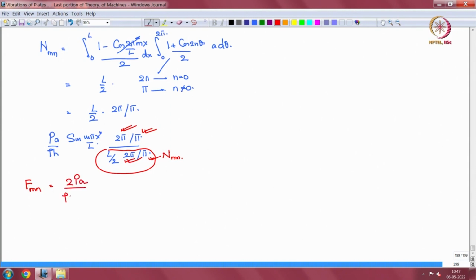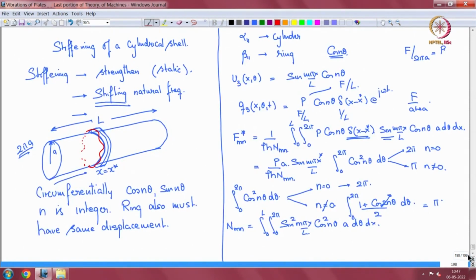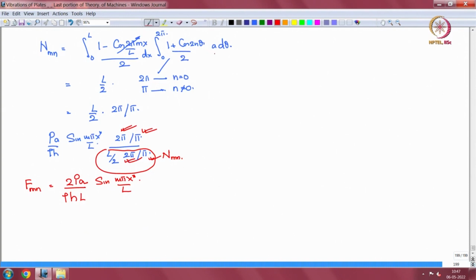So what I get for Fmn is 2PA by rho hL sine m pi x star by L. Numerator also has an A, and denominator, Nmn, also has an A over here.